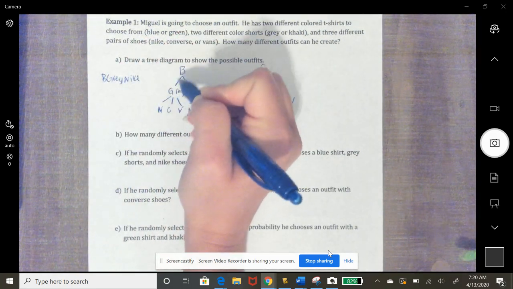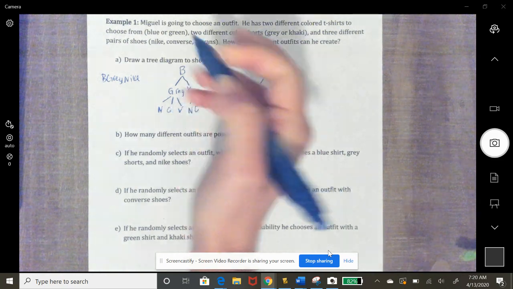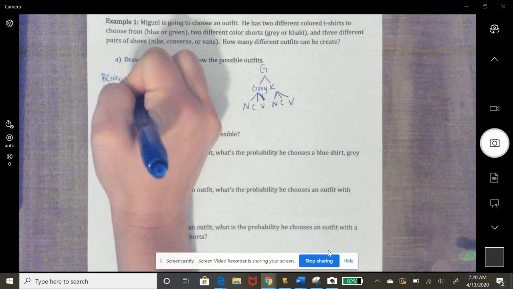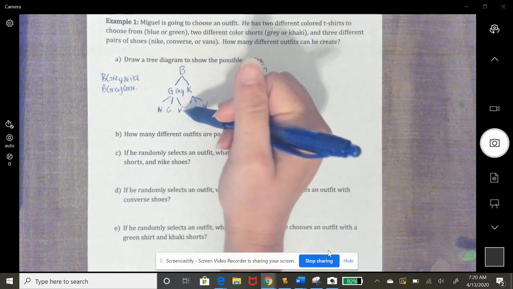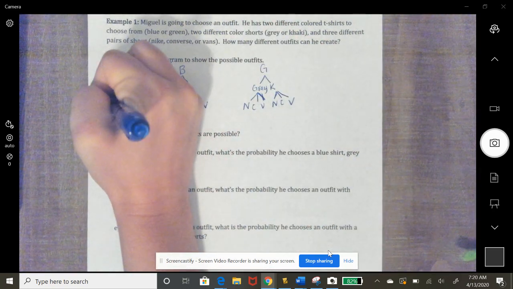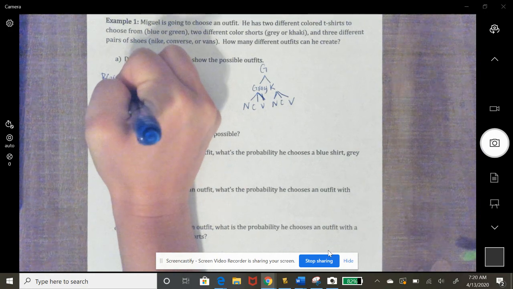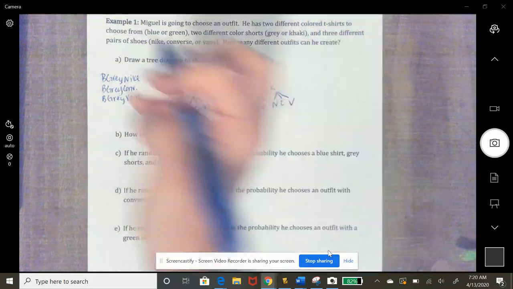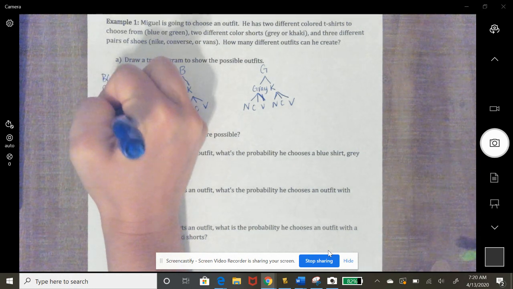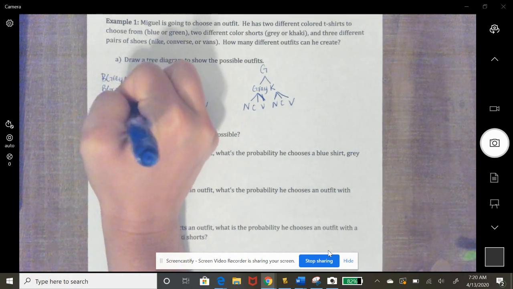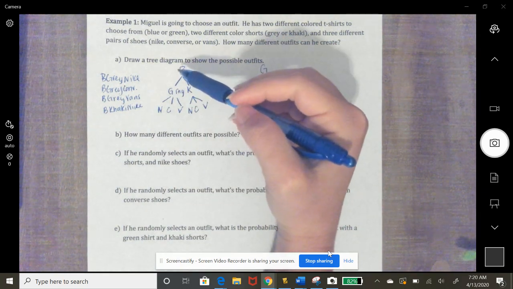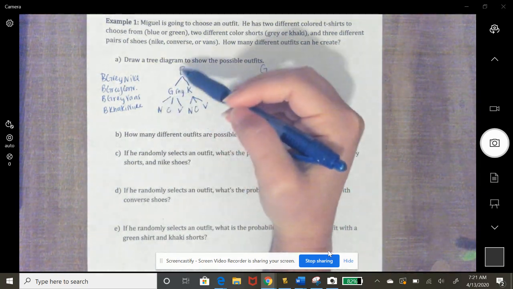He could do a blue shirt, gray shorts, and Converse shoes. Blue, gray, and Vans. Then blue, khaki, and Nike. I'm not going to list them all out because you technically have them listed here.